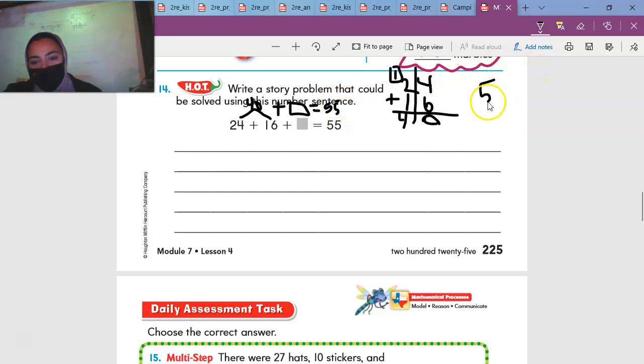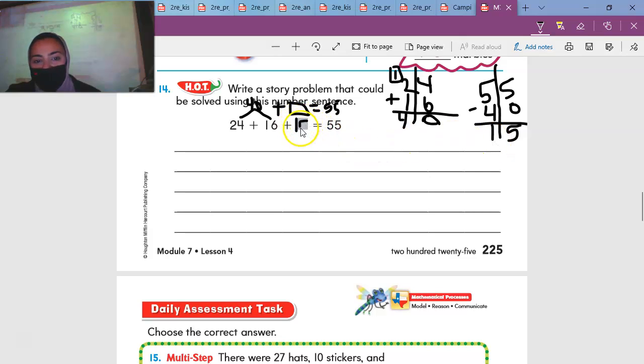Well, can't we just do 55 take away 40? 5 take away 0 is 5. 5 take away 4 is 1. So what's my missing number?